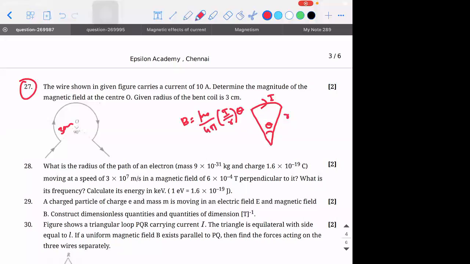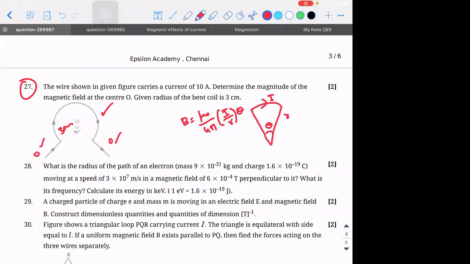Right? So if you see this question, you have a circular coil and 2 straight current carrying conductors. So what is the contribution of the magnetic field due to the 2 straight current carrying conductors at point O? Answer is very simple. You need not think, you can directly look and tell. 0.